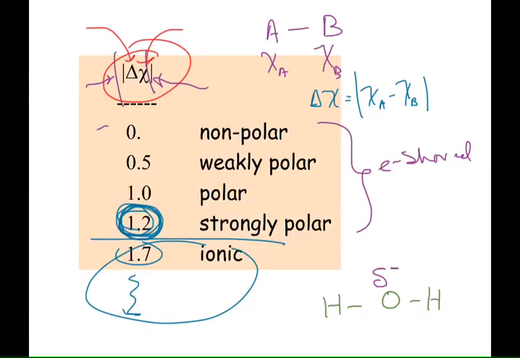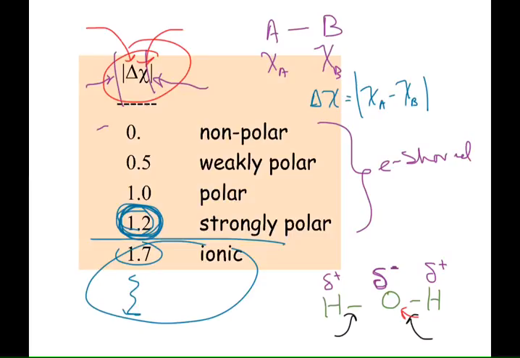I know it looks like an S, but it's an S with a funky thing right there. So partially negative, and that means the hydrogens are partially positive. The two electrons being shared to create each of those chemical bonds aren't shared equally. If we see a map of where the electrons are, the electron cloud is a little bit more this way than that way. So that makes the oxygen partially negative.